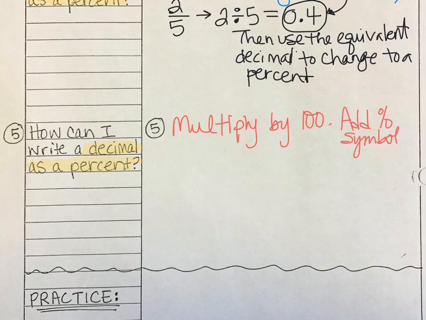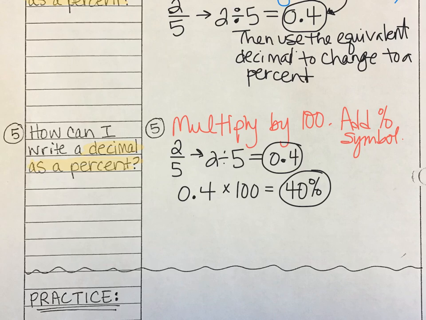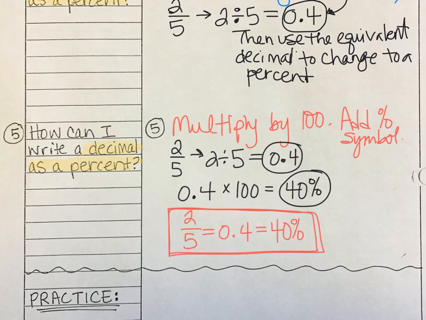Because now the number is no longer a decimal, you've now turned it into a percent. So 2/5, which was 2 divided by 5, is equal to 4/10, and 4/10 times 100 equals 40%.